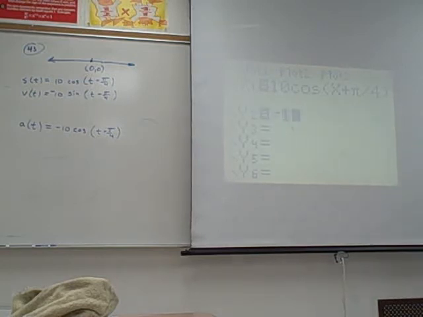So it's going to be negative 10 sine of x plus pi fourths. So x stands for time here. And then acceleration would be negative 10 cosine of x plus pi fourths.